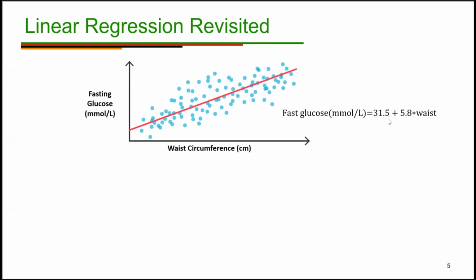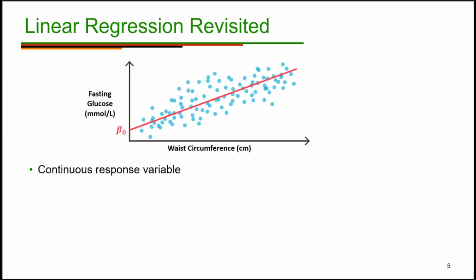And then for every increase in the circumference of the waist, you begin to add 5.8 millimoles per liter. And so that's how you basically define your regression relationship.